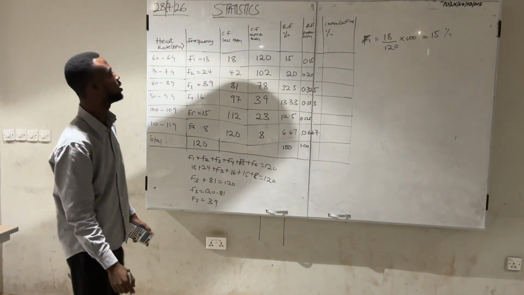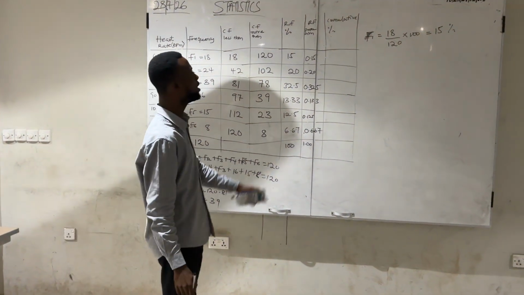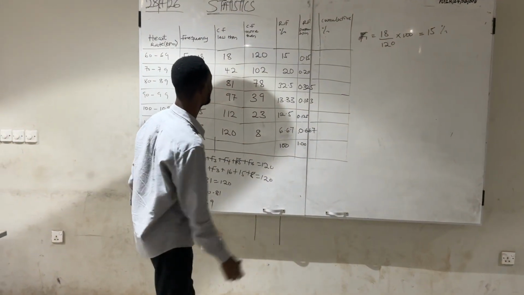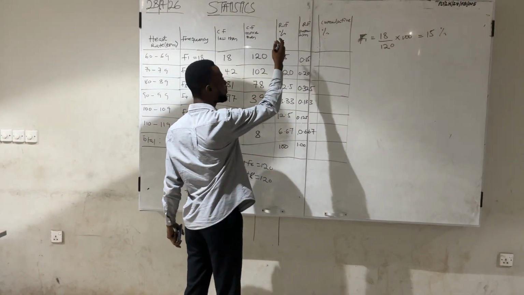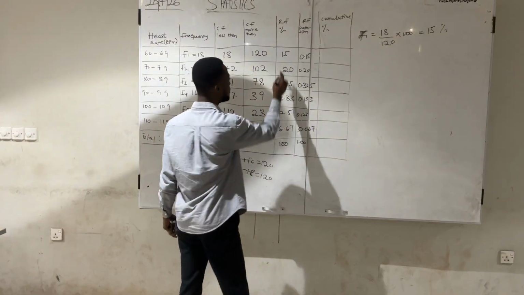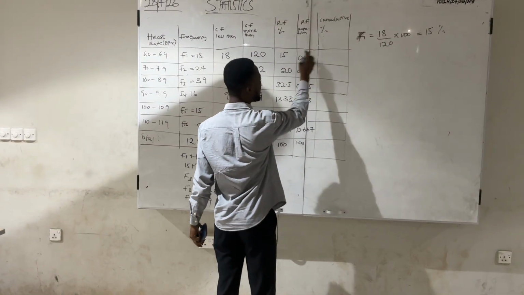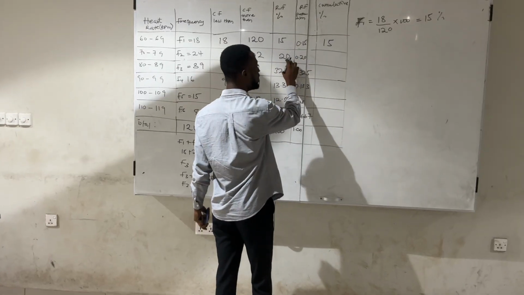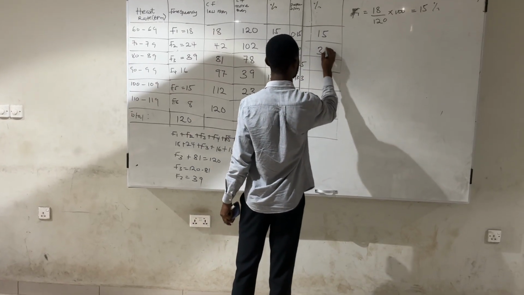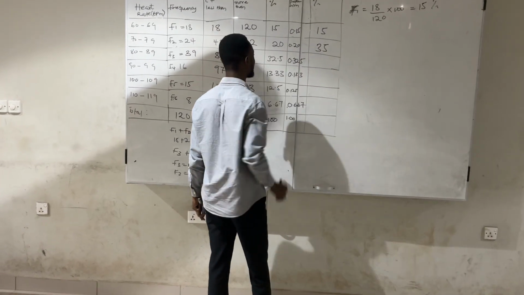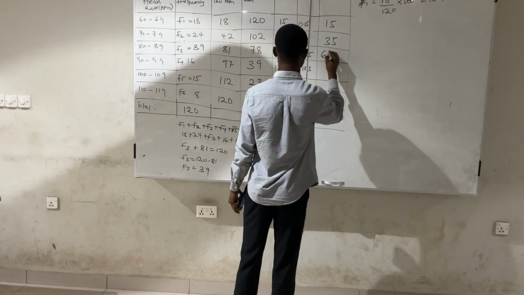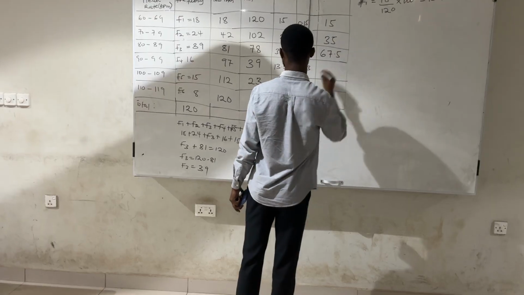So now we have cumulative percentage. What we will do is that we will add the relative frequency percentages all together. Here it is the same as the first one, so here we have 15. Then you add 15 to 20, you get 35. 35 plus 32.5 gives 67.5.